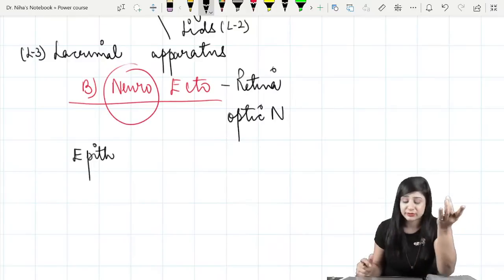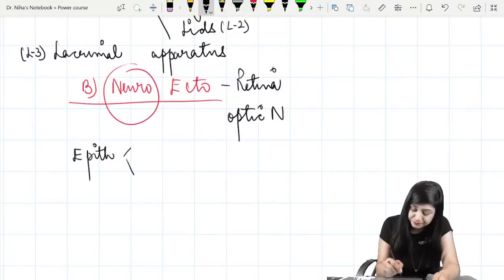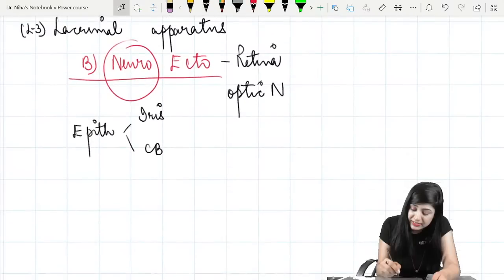So what is left? You are left with the iris and the ciliary body, along with the secondary and tertiary vitreous.